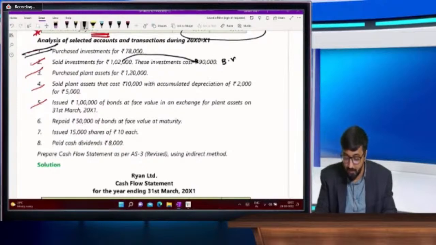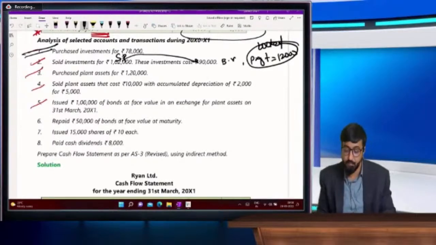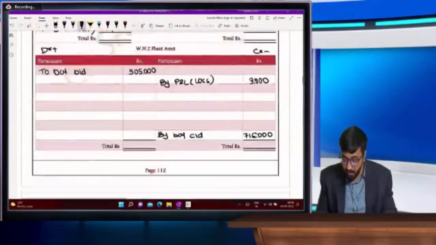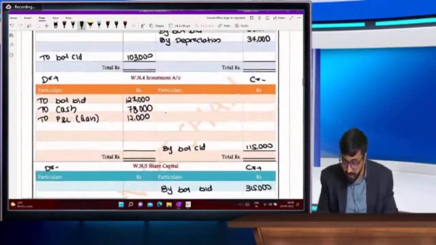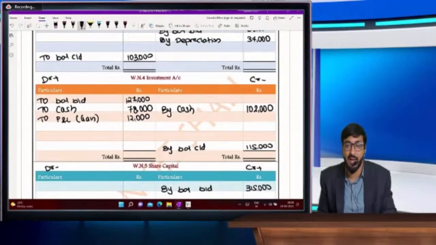Sold investment of 1,02,000 and investment cost 90,000. So profit. This is book value. This is selling price. So profit 12,000. We already booked this profit. Gain on sale of investment. Just right now, investment by cash 1,02,000. If nothing is given, then balancing figure will be by cash.